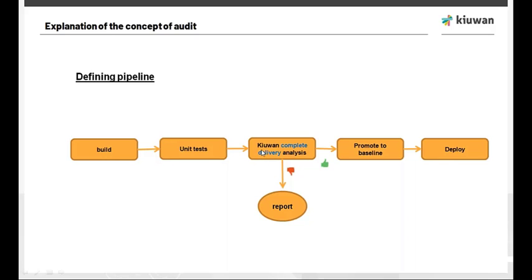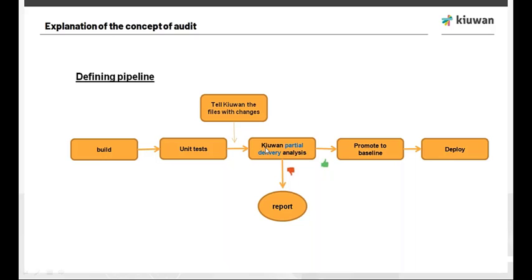Then you can run a Kiuwan complete delivery analysis in order to get the full analysis again and to get the acceptance or failure if Kiuwan detects some security problems here. If everything is fine, then we can promote to baseline and finally deploy our application in the next environment.